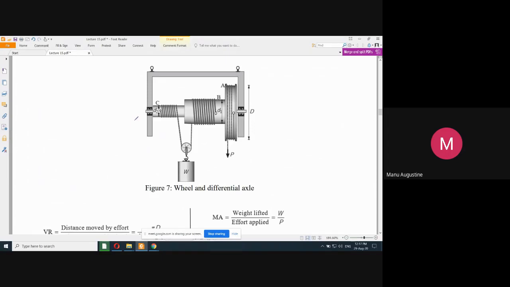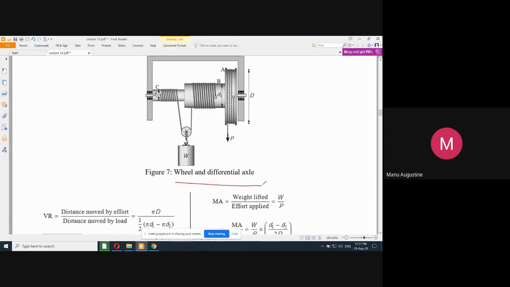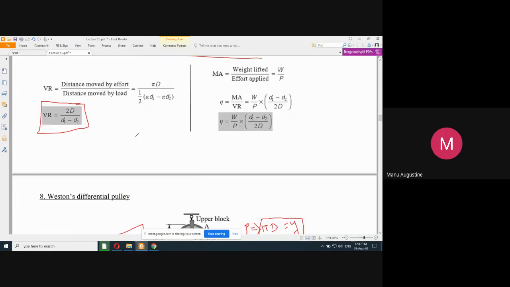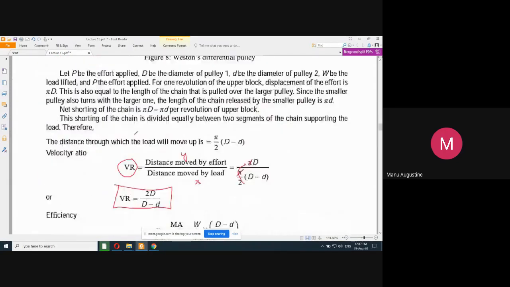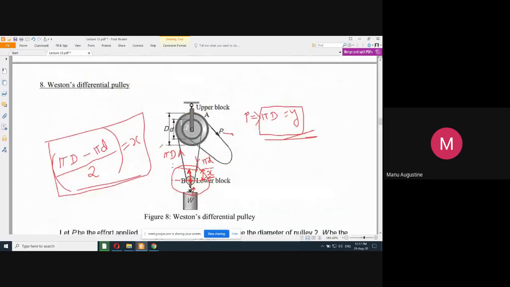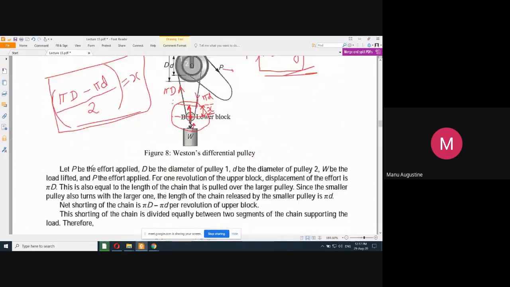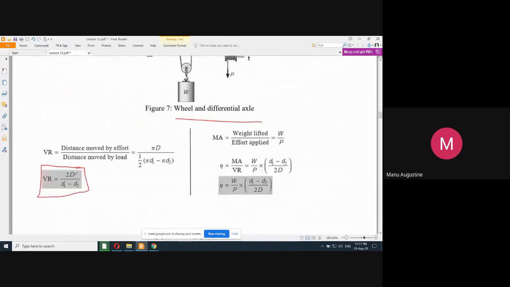For Weston's differential pulley and wheel and differential axle, the velocity ratio has almost the same relationship. Since there are only two blocks here, it is 2 capital D upon capital D minus small d. And since there were 3 blocks here, it was 2 capital D upon small d1 minus d2.